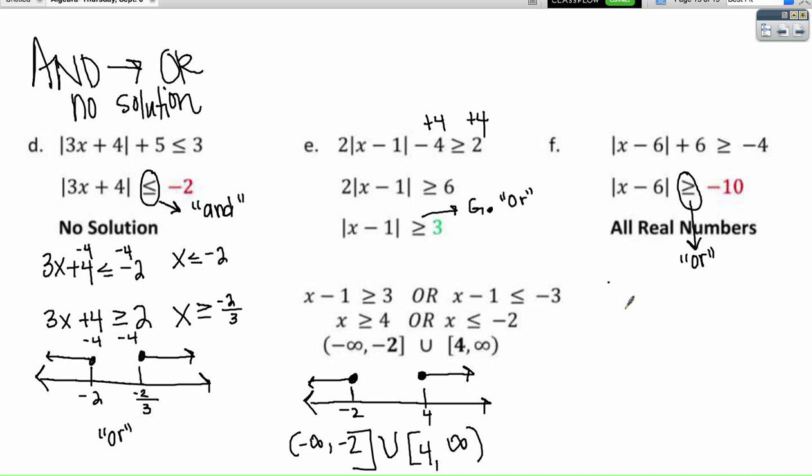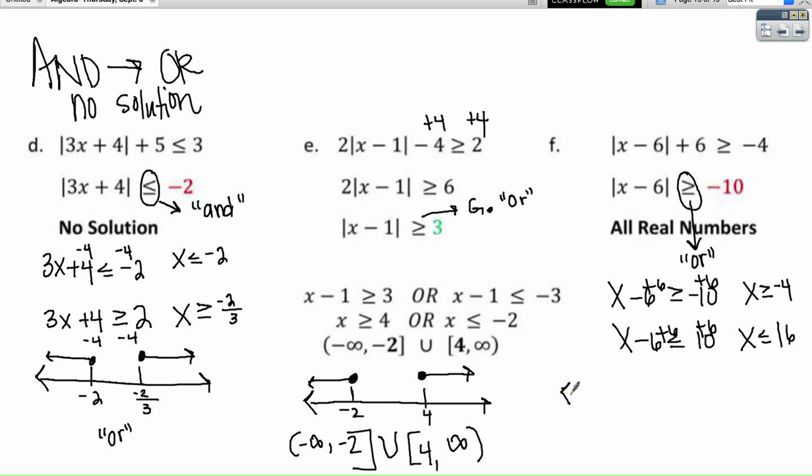I would say x minus 6 is greater than or equal to negative 10. That's the original situation. X minus 6 is less than or equal to positive 10. If I work each one of these by adding 6 to both sides, I get x is greater than or equal to 6 minus 10, which gives me negative 4. Add 6 this way and I get x is less than or equal to 16.